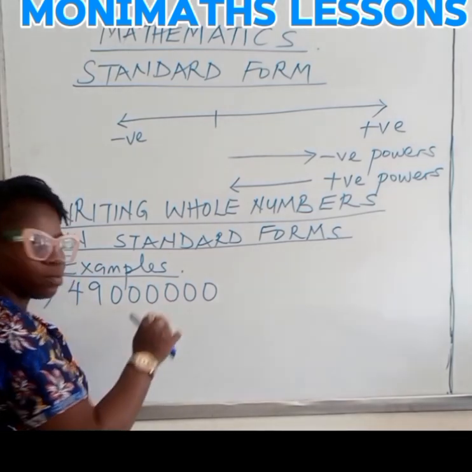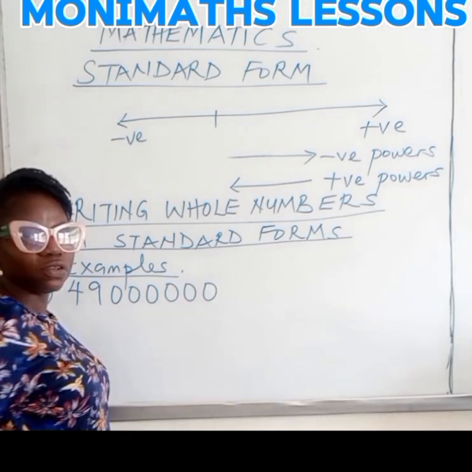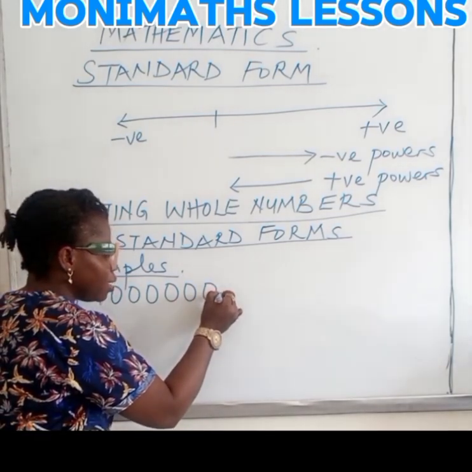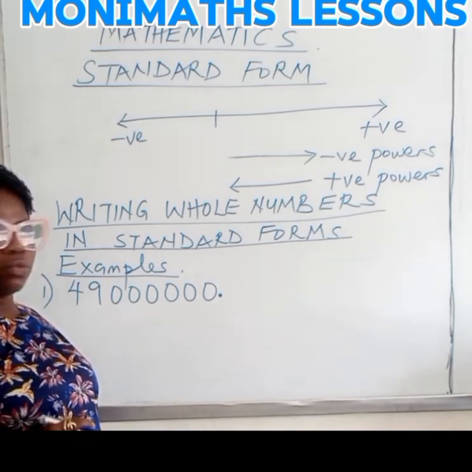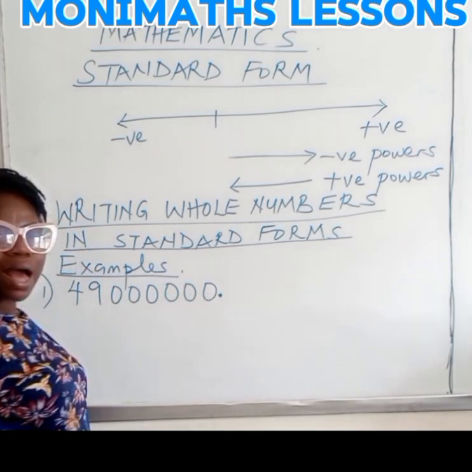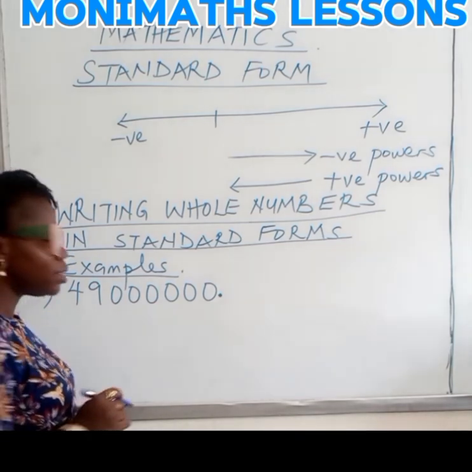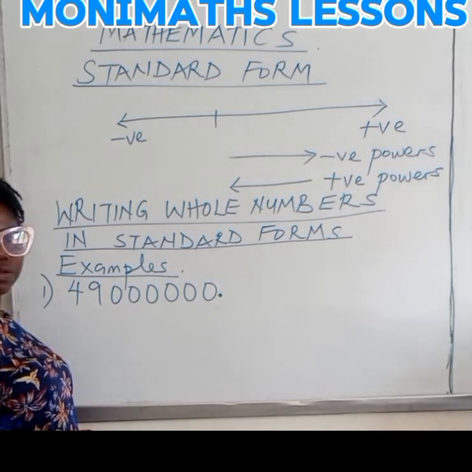The decimal point is at the back of the last digit, which is the units. So the decimal point is actually here. To write your number in standard form, you have to move the decimal point from the back of the last digit, or wherever you find it in the number, to the back of the first non-zero digit.